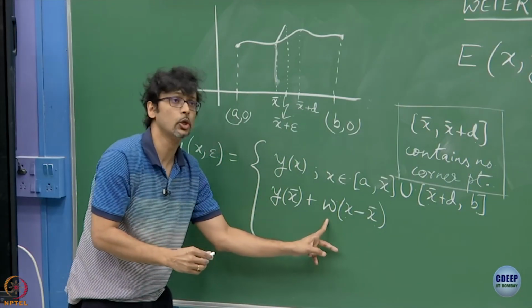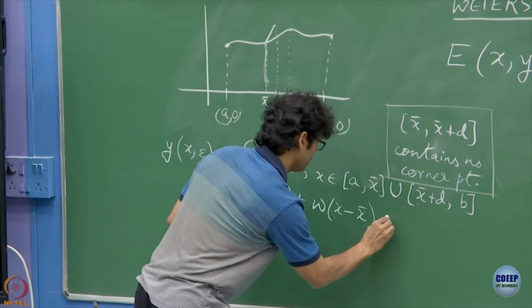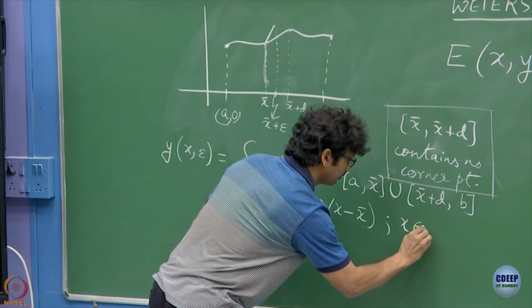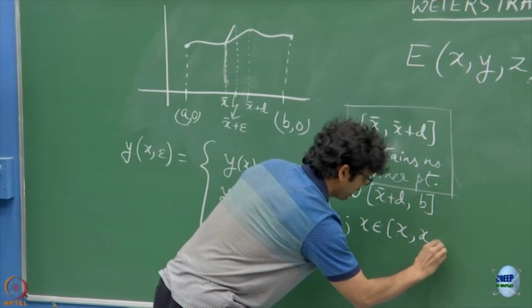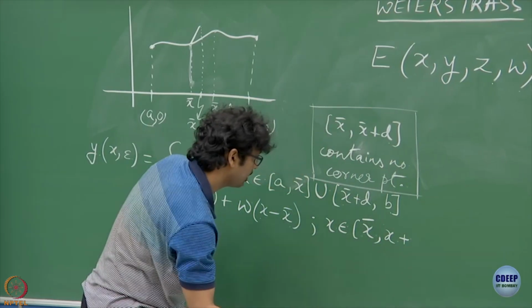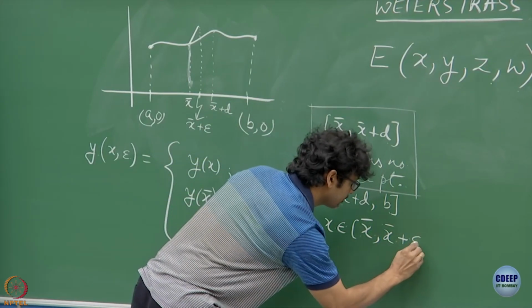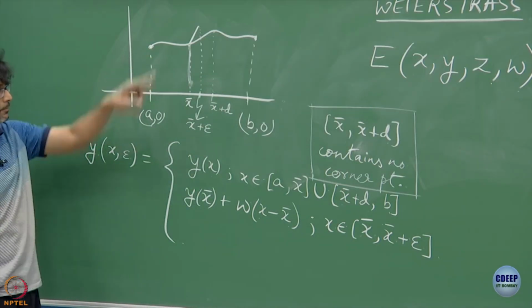So w is like the slope of this line here, for x belonging to x bar comma x bar plus epsilon. And now you have to bring it back.